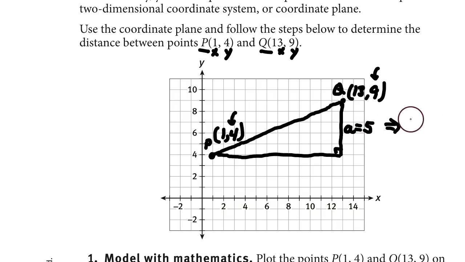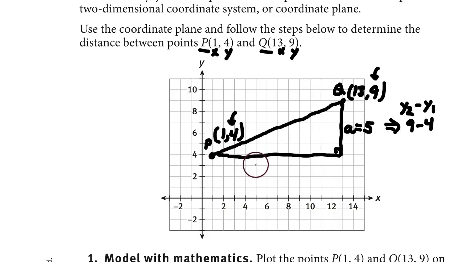That 5 comes from subtracting 9 subtract 4, using the y-coordinate of point Q and subtracting the y-coordinate of point P. If we make symbols to represent that, we might say take the y-coordinate of the second point and subtract the y-coordinate of the first point. 9 subtract 4 makes the altitude of the triangle 5 units.